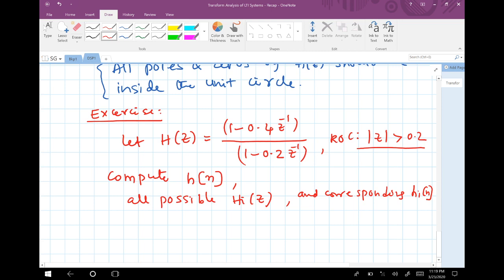And also for all those inverse systems, comment on whether each one is causal or not, and whether it is stable or not. So comment also on causality and stability of those systems.